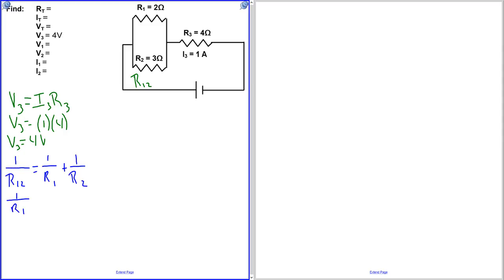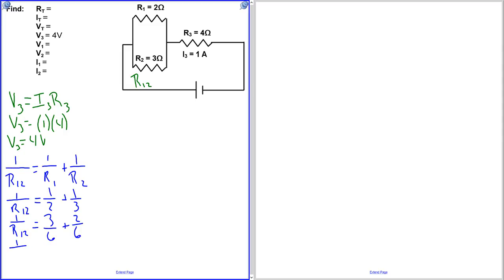So 1 over R12 equals 1 over 2 plus 1 over 3. I need to find a common denominator for my fractions. In this case, that's 6. So I can say 3/6 plus 2/6.